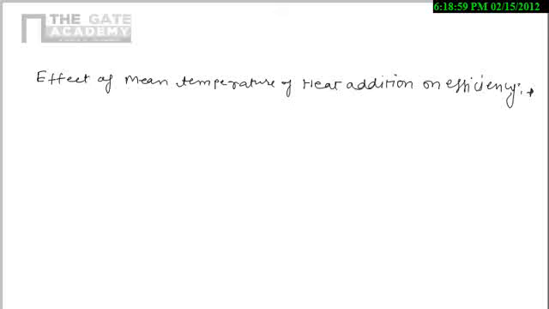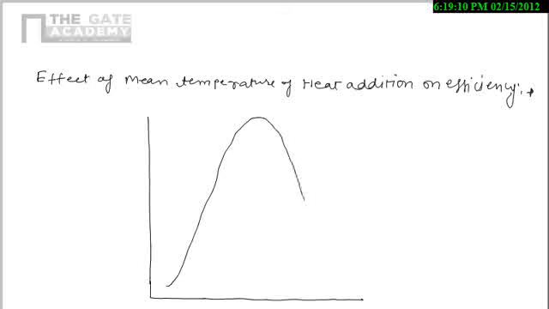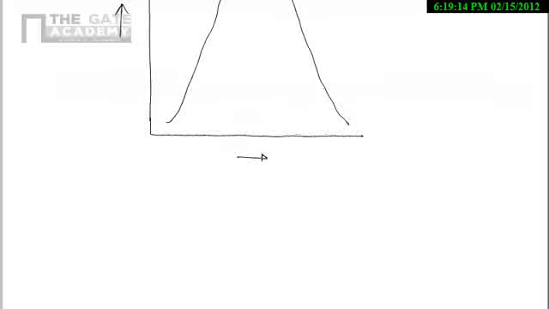So I am drawing one curve here, and then we will understand the effect of mean temperature of heat addition on efficiency. Here I am again drawing the TS diagram.